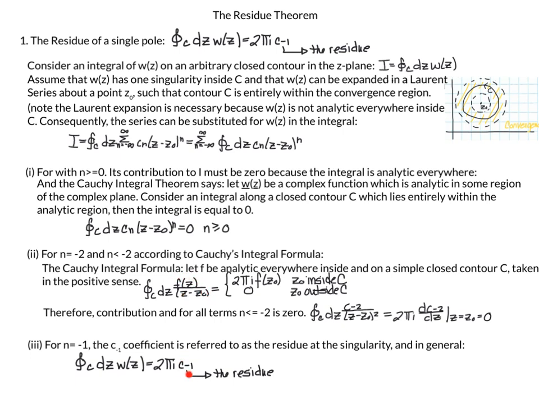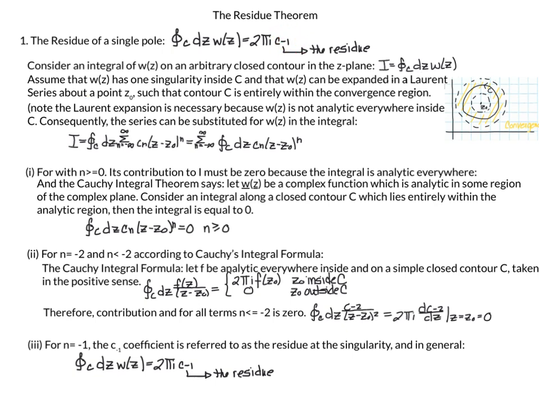In this case, that's just our residue, the c minus 1. So this is the only thing that contributes to our integral. And this is our final answer for the residue of our single pole. The integral over c of w of z is equal to 2 pi i times the c minus 1 coefficient of the Laurent series expansion.